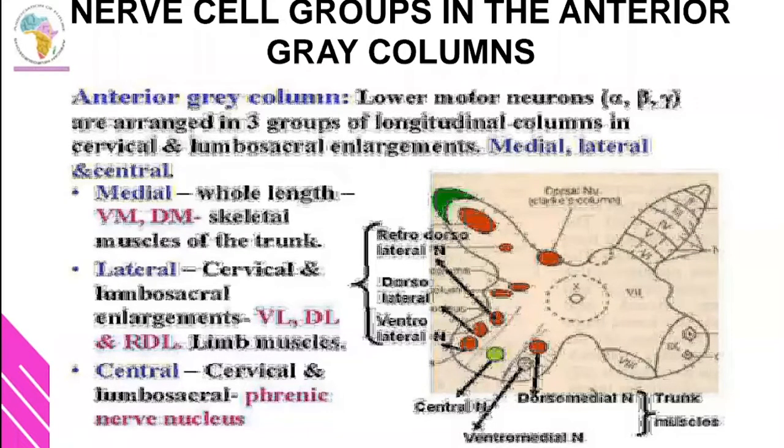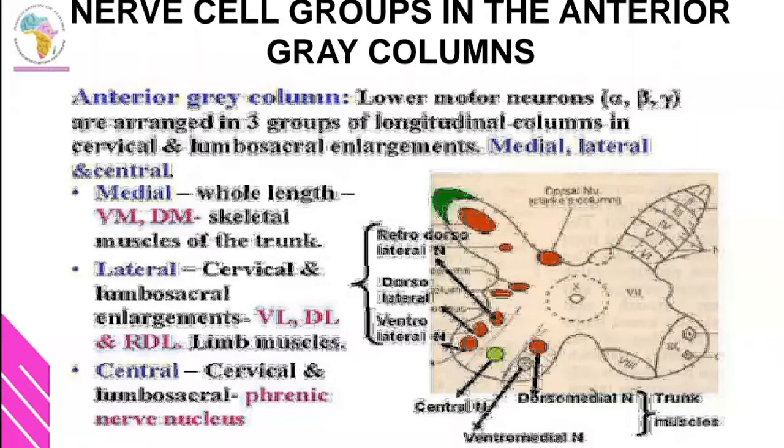As you can see, starting from medially going laterally, it has the medial anterior group of neurons. Then it has got the central ones, which is colored green.